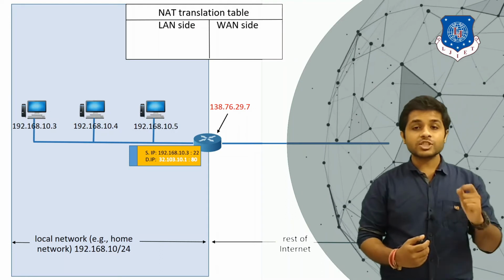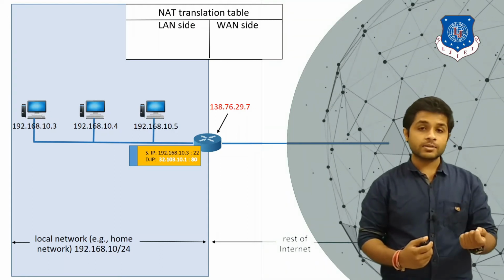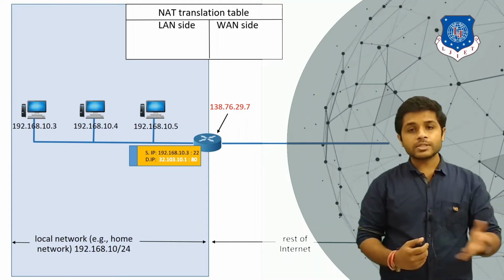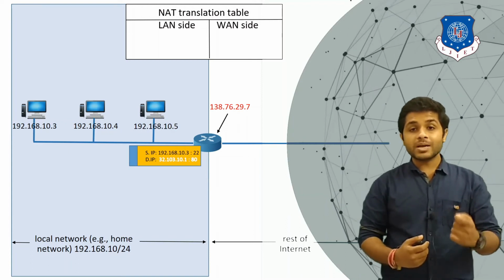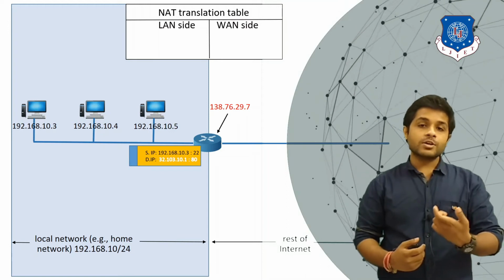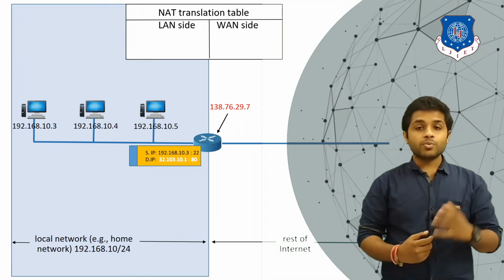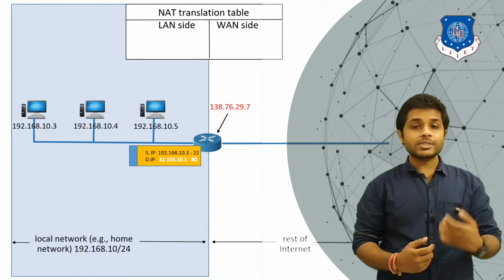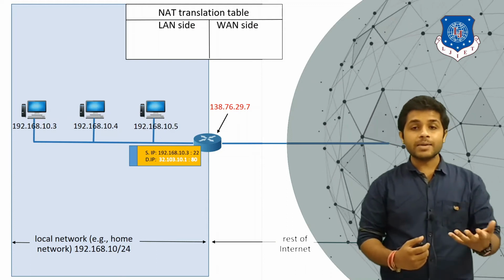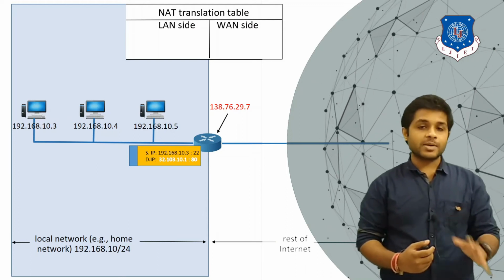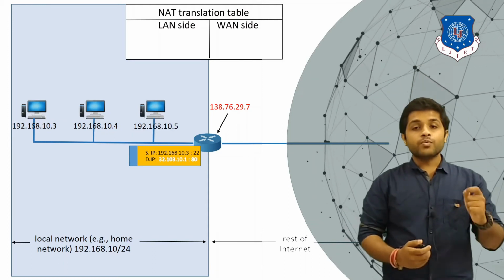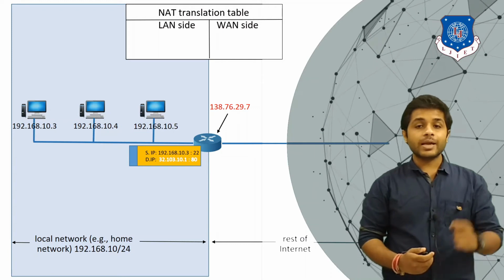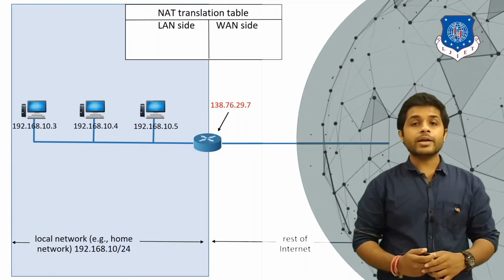Because this message contains a private IP address. If this router forwarded the message to the internet, no other router would forward it further, because when a router encounters any message that has a private IP, it simply discards it. So in this case, the router will change the message and make an entry in the network address translation table.